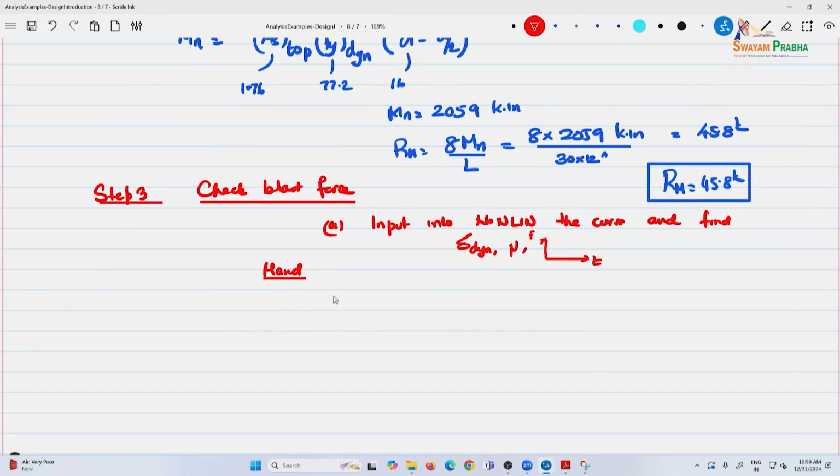So the tributary area is, assume that the roof is like this, and the span is 30 feet.